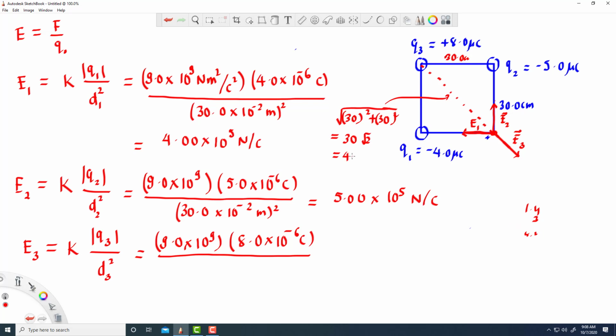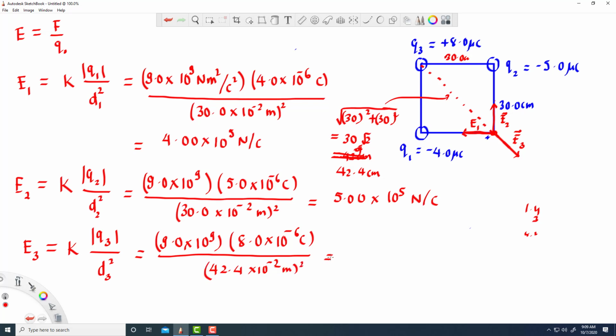Is that 42 centimeters? Yeah, 42.4. Okay, 42.4. So 42.4 times 10 to minus 2 meters, squared.